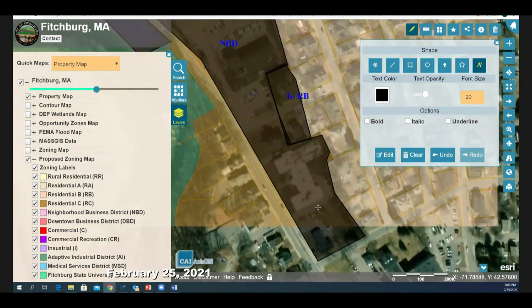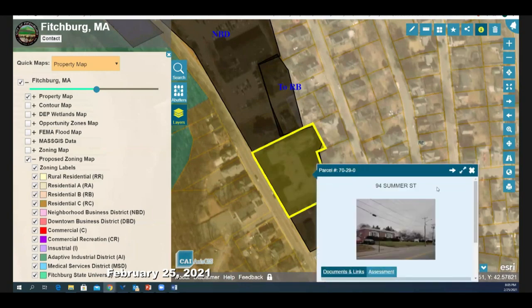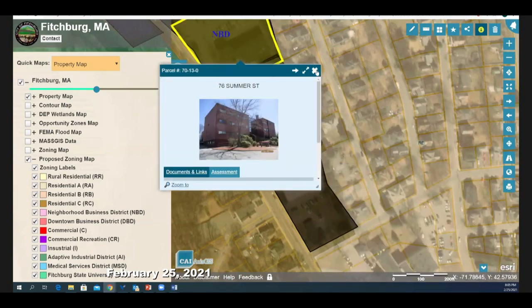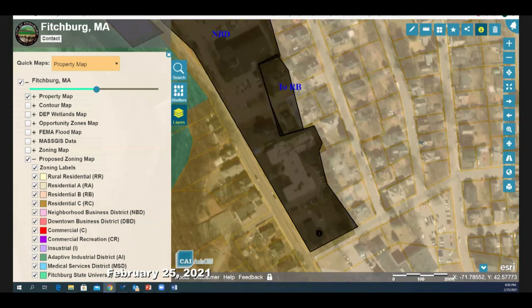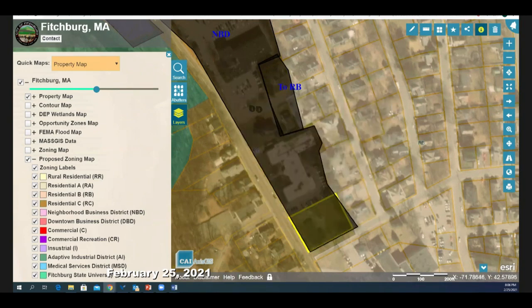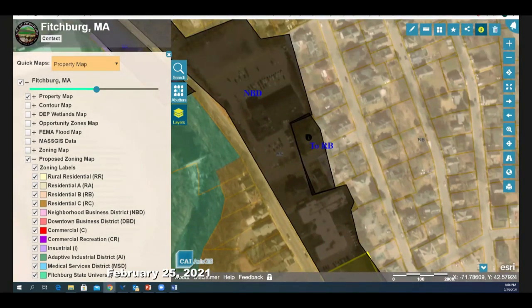And these are all buildings that are more commercial in character. I'm just pulling up some photos as we go in case you need to see them. 76 Summer. The assisted living further up, right. So the thought was to change all of that to neighborhood business district, with the exception of these parcels here, which are residential, and having that remain RB.